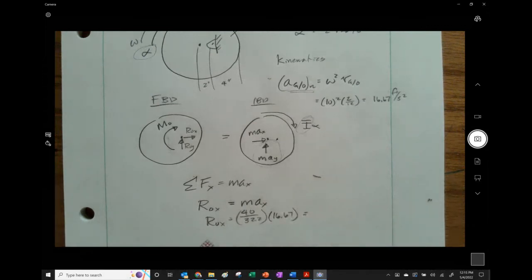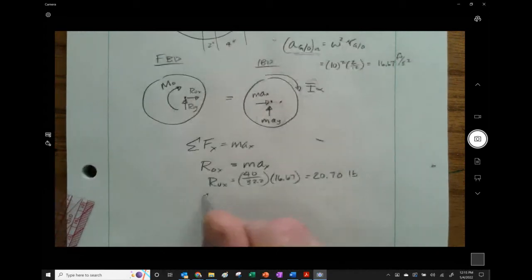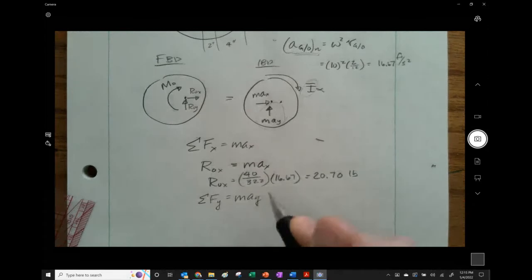And I hope I got that right. I'll go 40 times it and 32.2 divide. And I should get 20.7. Oh, and these are pounds. And then sum of the forces in the y direction, mass times acceleration in the y direction.